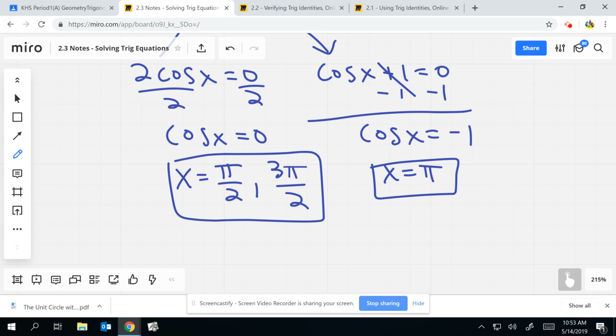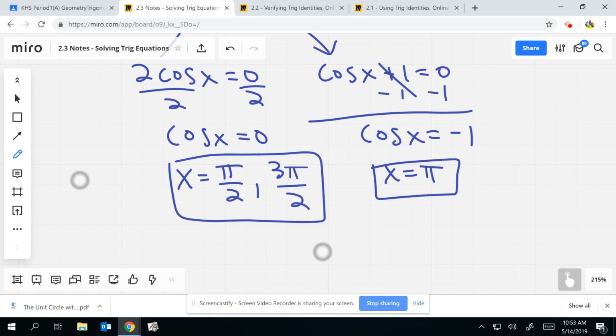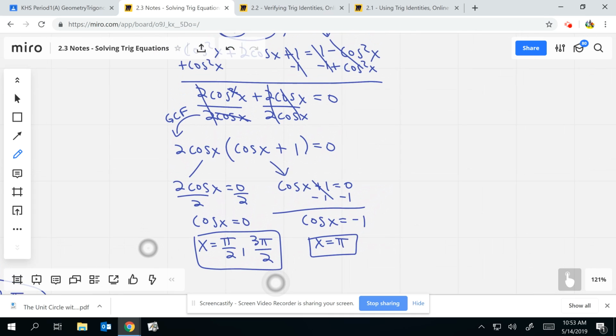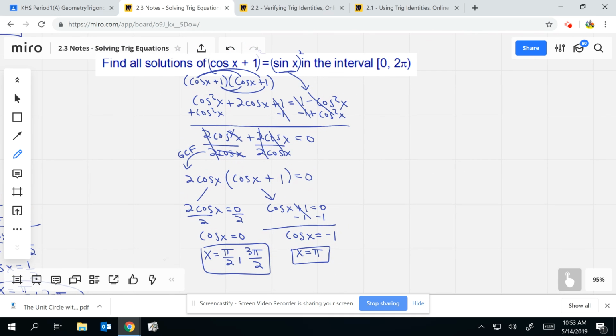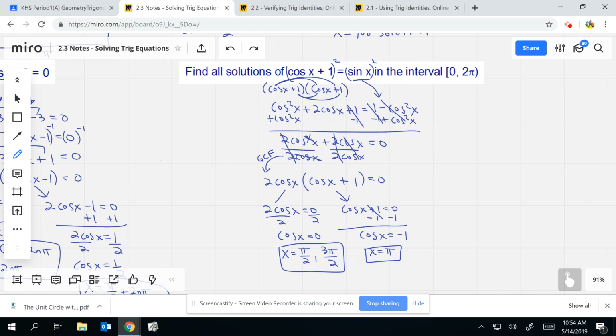You don't have to add the coterminal angles. They're not asking for coterminal angles. They just said, give me the answers that range between 0 and 2 pi. If they had said 0 and pi, then you would only have 2 answers, pi over 2 and pi. Those would be the 2 solutions between 0 and pi. But since they said 0 to 2 pi, you also have 3 pi over 2 as one of your answers as well. All right, that's solving the trig equations.